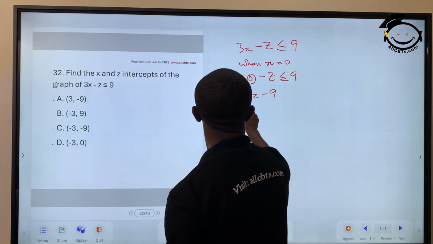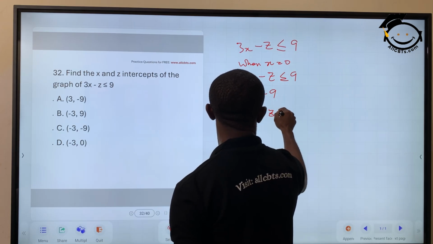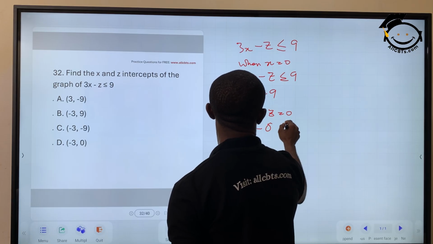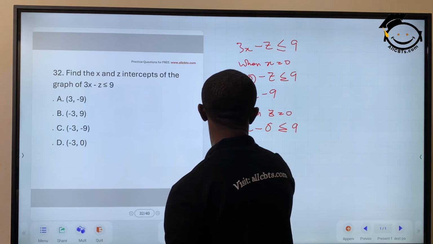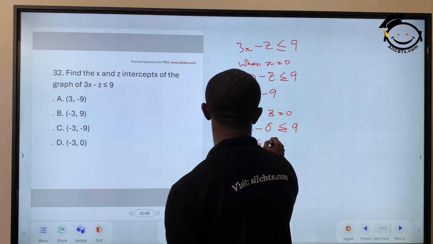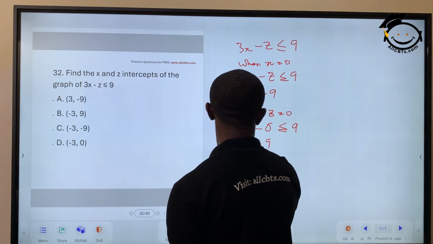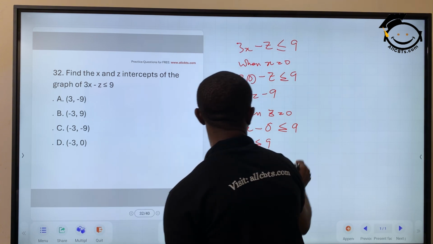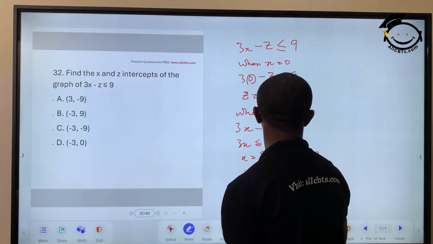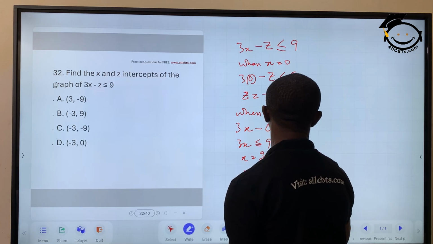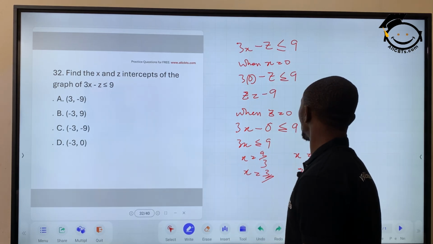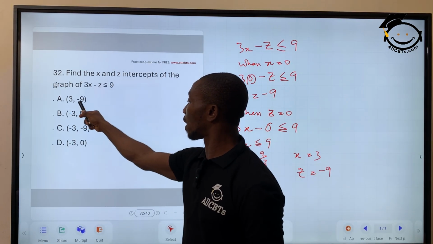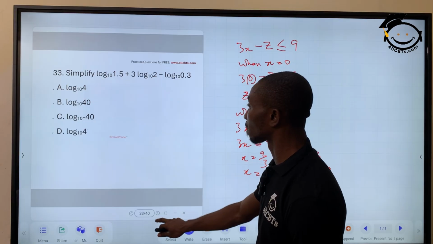Now for when z equals 0, 3x minus 0 equals 9. So 3x equals 9, x equals 9 over 3, x equals 3. So x is 3 and z is minus 9. So the x-intercept and z-intercept will be at 3 and minus 9.